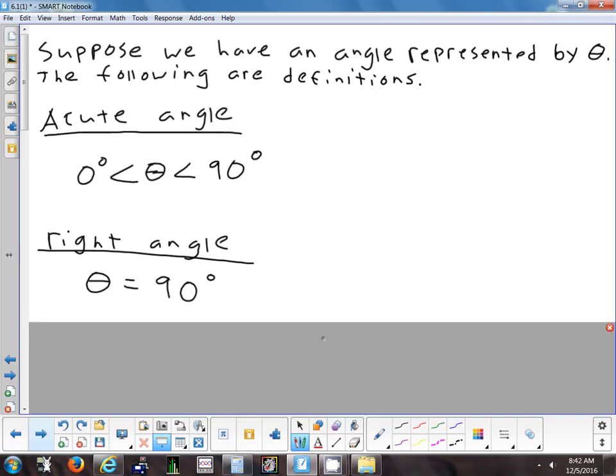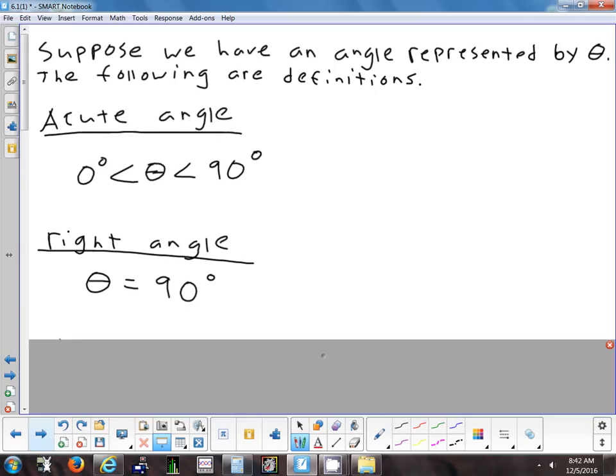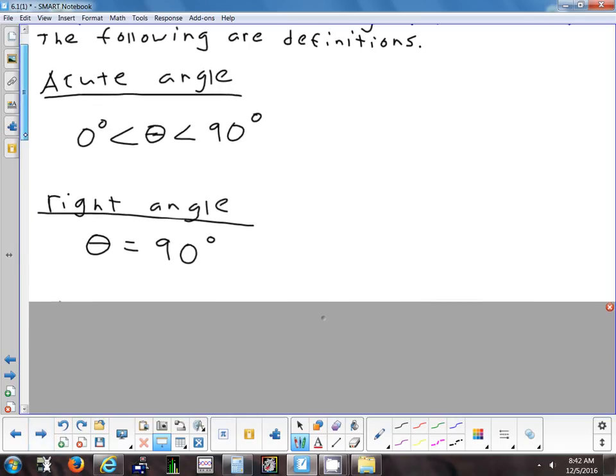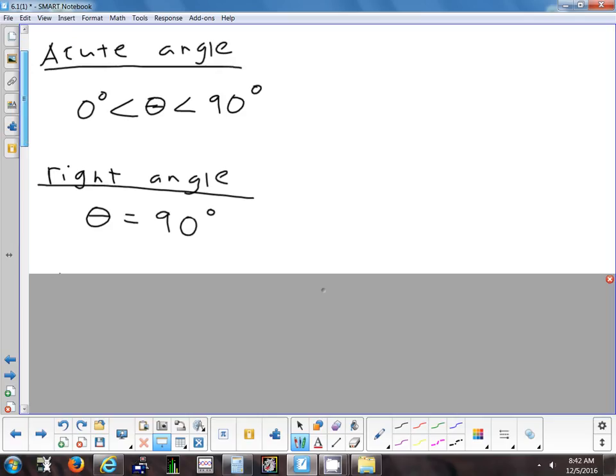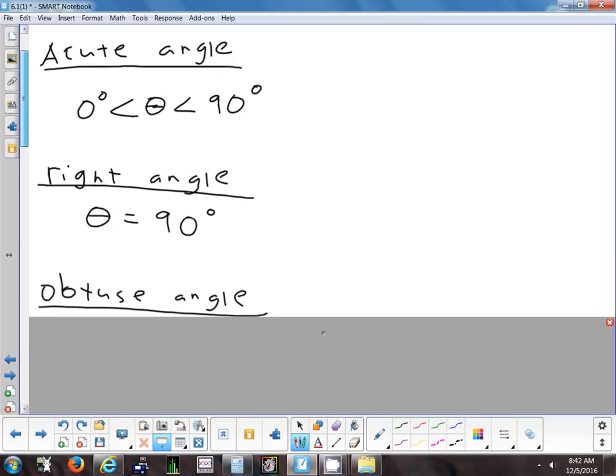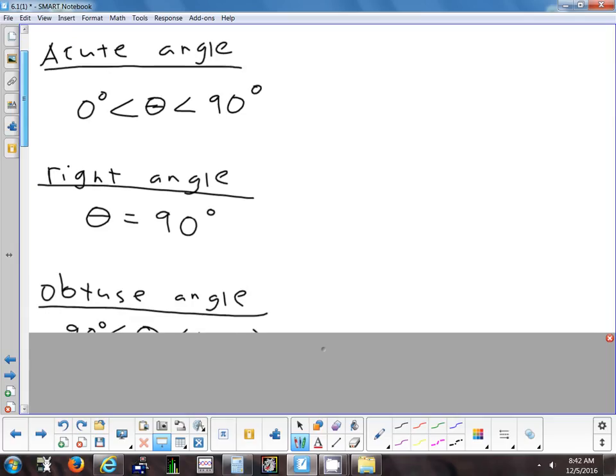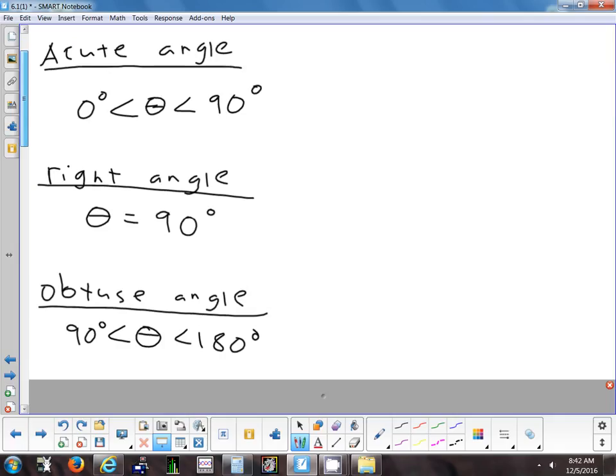That's an angle that is equal to exactly 90 degrees. Does anyone know the next term for an angle that's bigger than 90? Yep, obtuse. And in that case, how big can it be up to? 180. Okay, so an obtuse angle is an angle between 90 and 180.